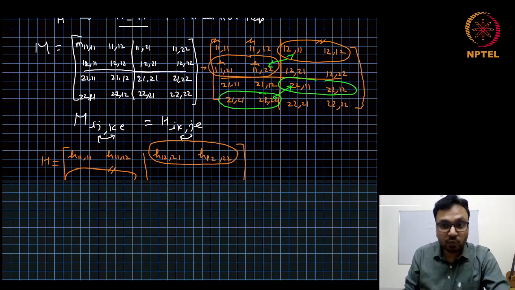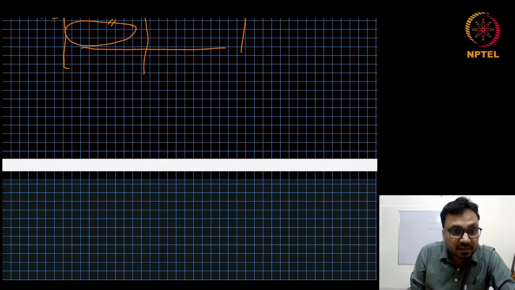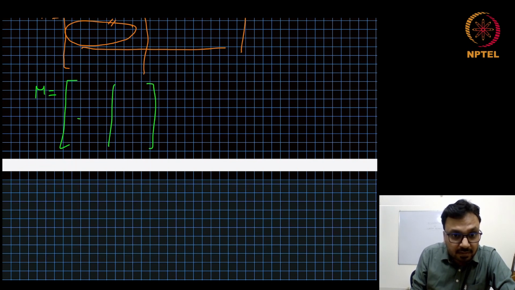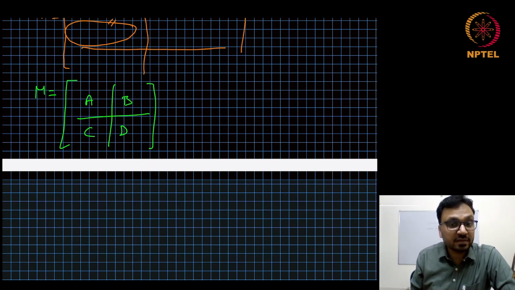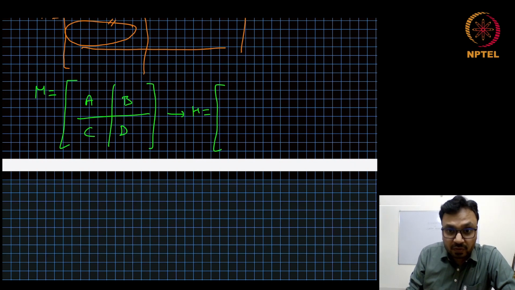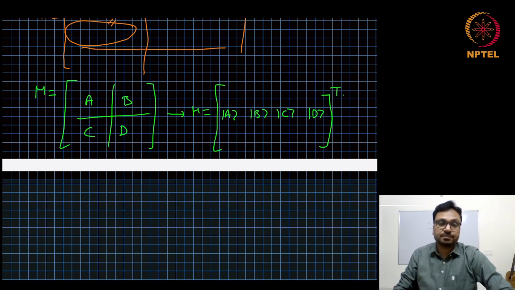So M is a 4 by 4 matrix with A, B, C, D being four 2 by 2 matrices. That will go to H, which will be A vector, B vector, C vector, D vector, and the transpose.